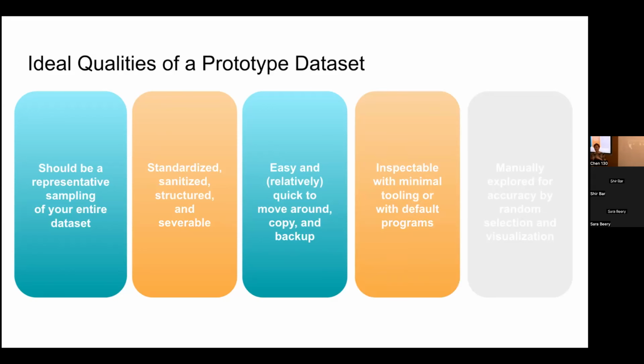You want it to be inspectable with minimal tooling or with some default programs. So this is essentially like you want to be able to poke at it, visualize your labels, look at the images, make sure they're not corrupted. And ideally, you want to do that in a way that doesn't mean you have to write your entire own code and functions for that.